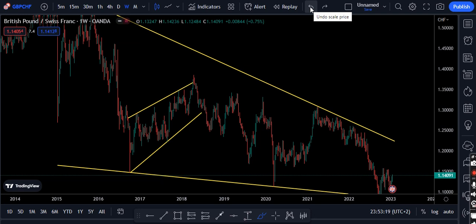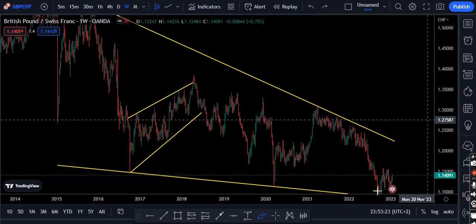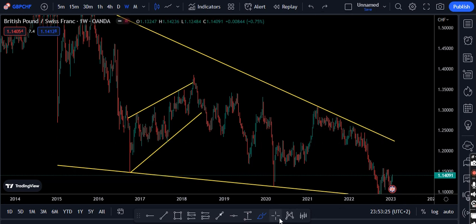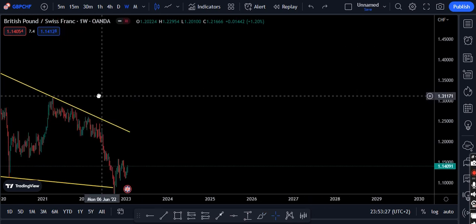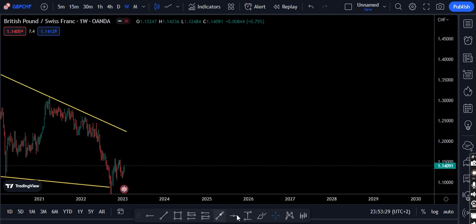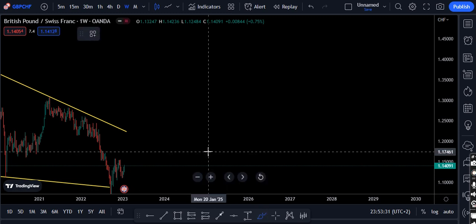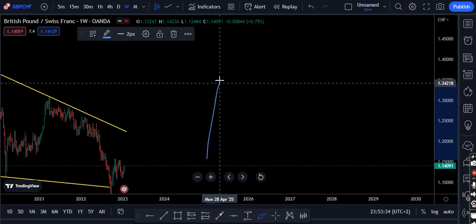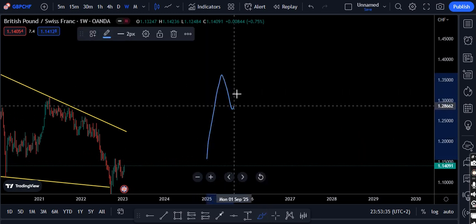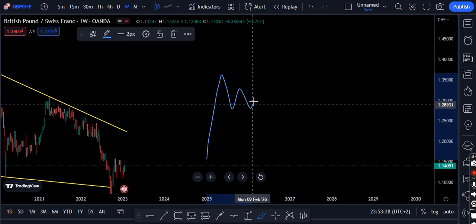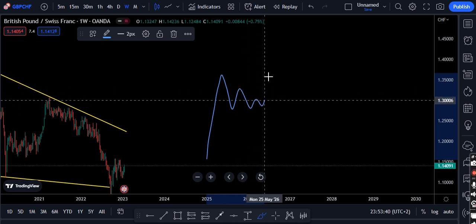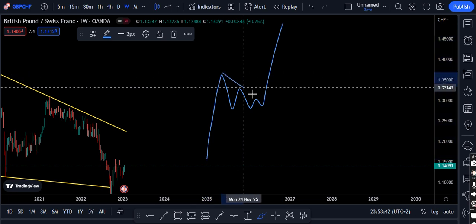We're moving over to ascending and descending triangles. They always look like this: ascending and descending triangles.